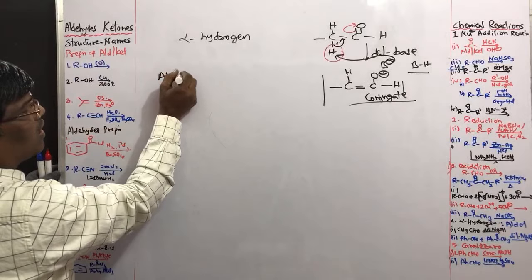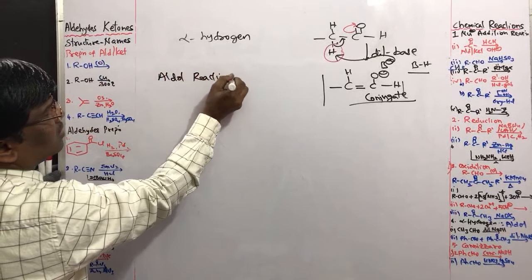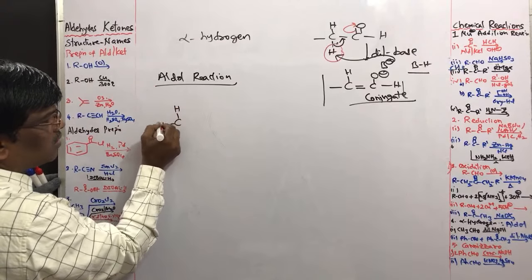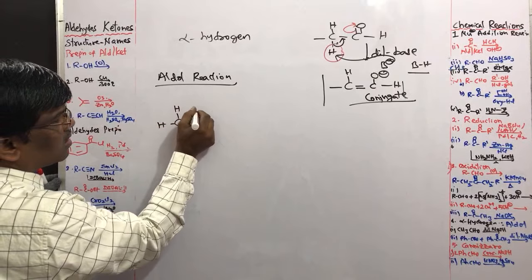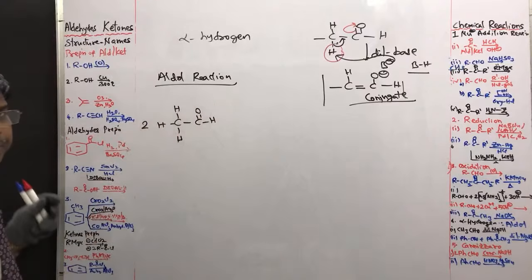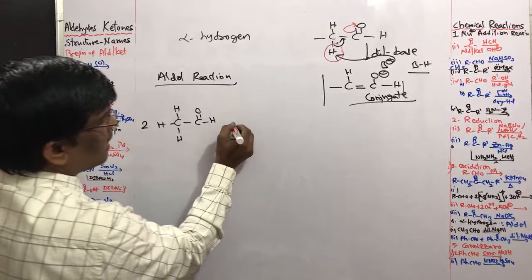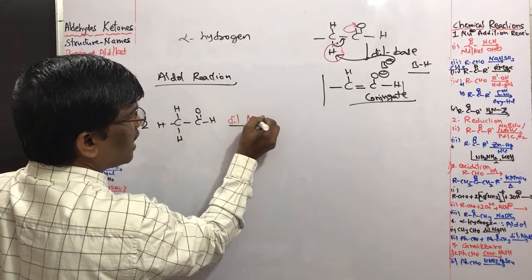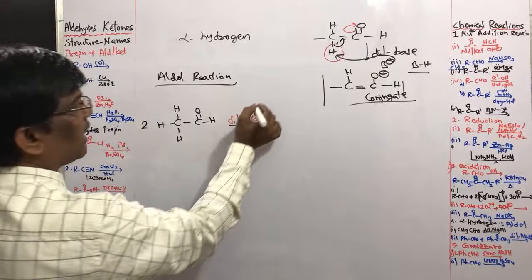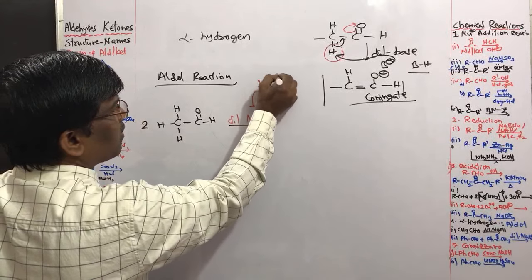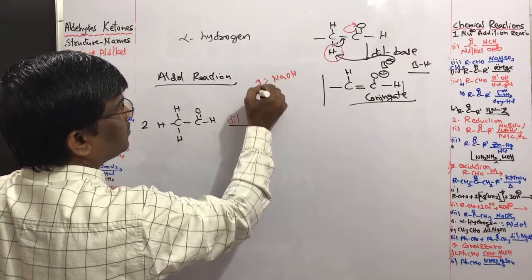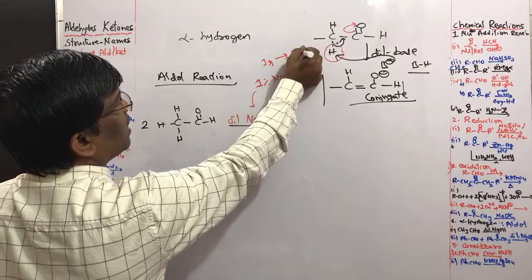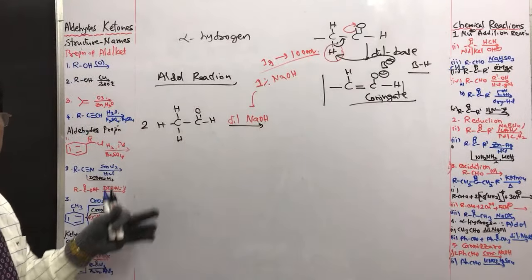So a simple example: if I take CH3CHO, 2 moles, this is acetaldehyde, in the presence of, remember this, dilute sodium hydroxide, or I can take 1% NaOH, aqueous NaOH. 1% means 1 gram in 100 ml.